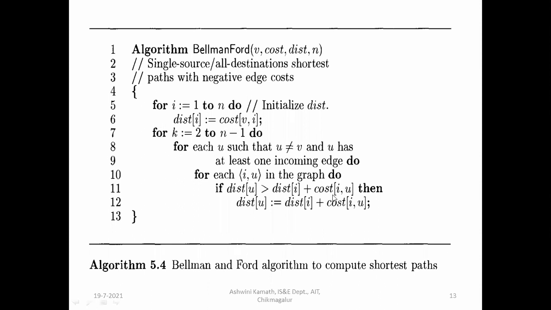If it is the minimum value, it will check with the direct edge distance of u, then it will check with the via path, via vertex i. Okay, distance of i plus cost of i u. If it is lesser, then it will be updated. Whatever we have done with the recurrence formula, the same thing is written here.